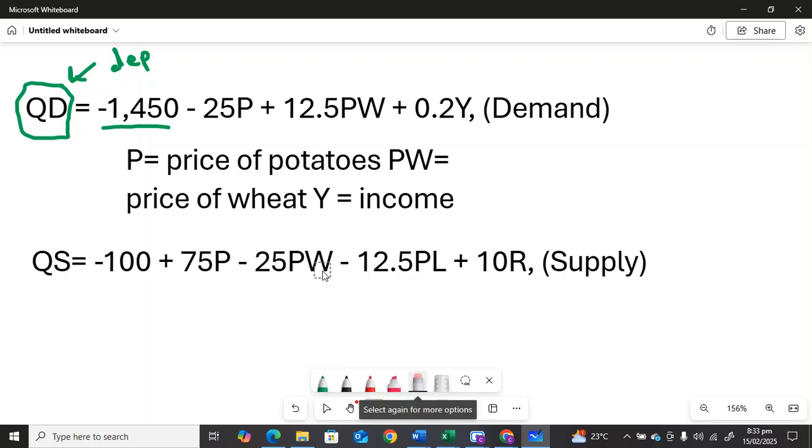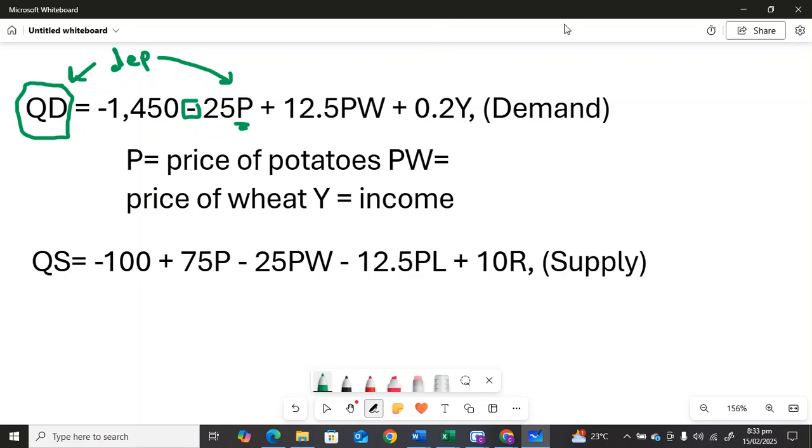Now, our dependent variable, which is quantity demanded, is dependent on these factors. First, it's dependent on price of potatoes. We can see here there is a negative sign, so this tells us that there is a negative relationship. A negative relationship means these variables move in opposite directions.